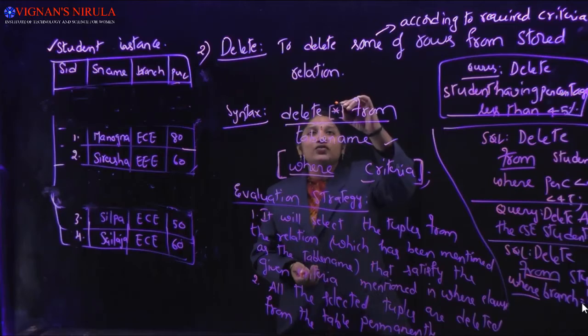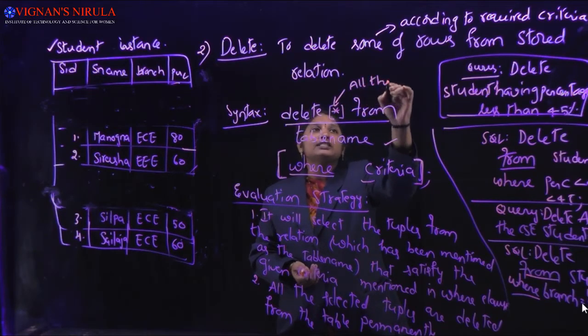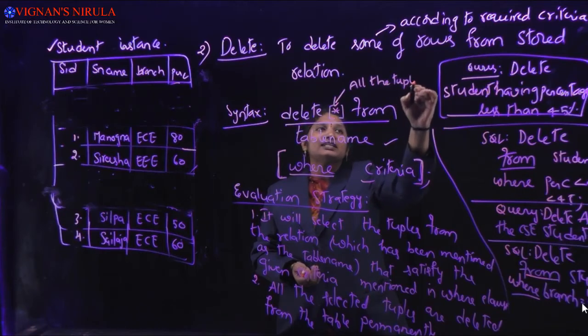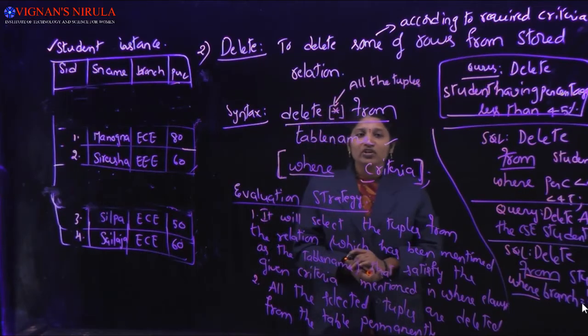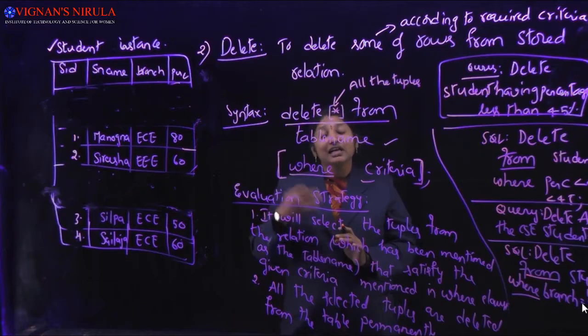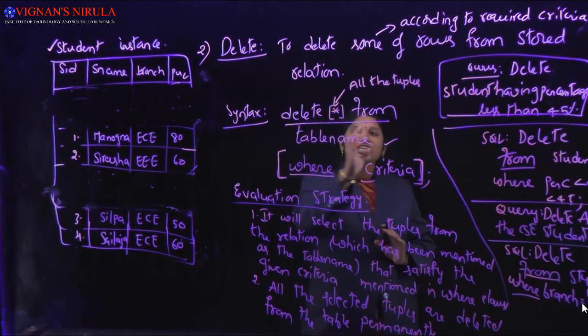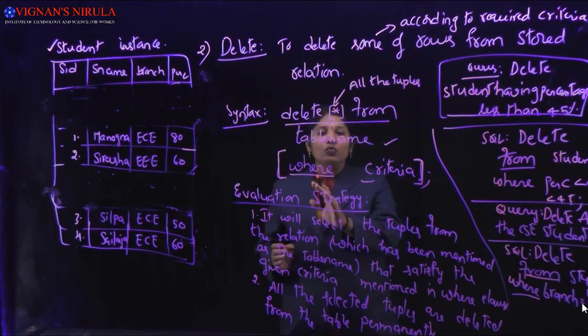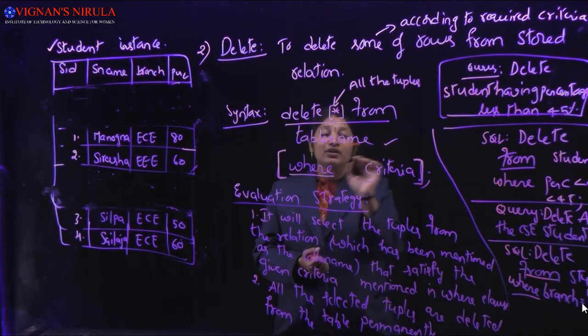The meaning of this star is that it should delete all the tuples from the existing relation. If you want to delete only those tuples that satisfy a condition, you can use the syntax delete from table name where the criteria. If you want to delete all the tuples, you can use delete star from table name.